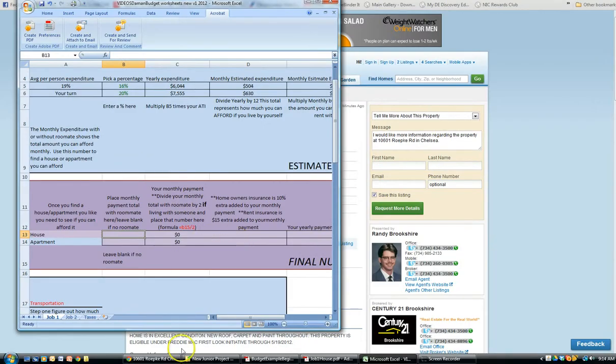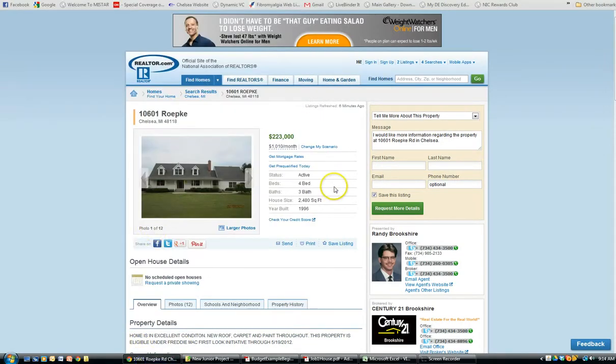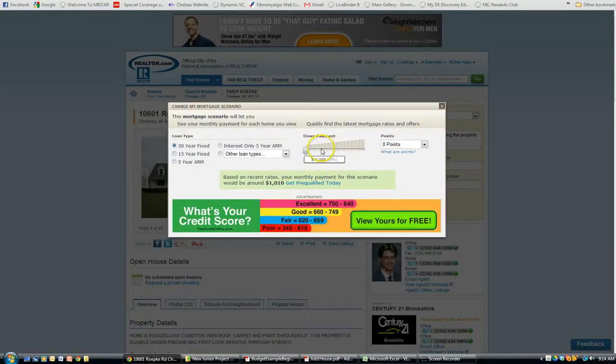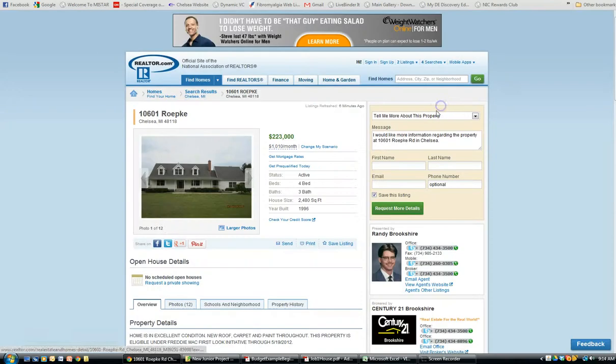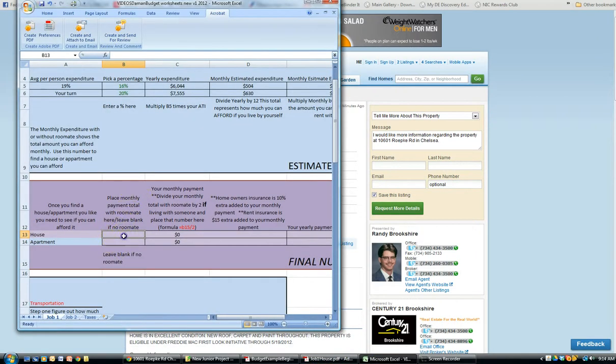So I have found a house that I like. On here, the scenario, the thing you want to do is make sure that you get as low of a down payment as possible, as part of the requirement for this project. Here it says 1,010 a month, so that's what I enter for my house.